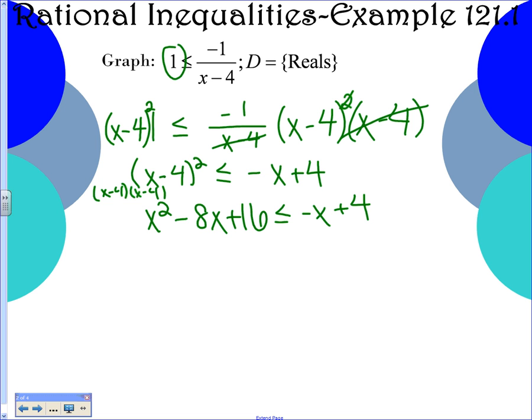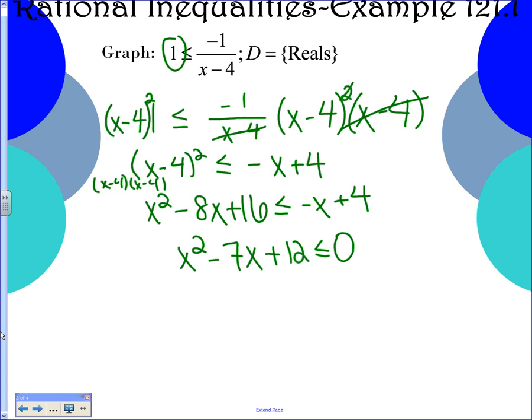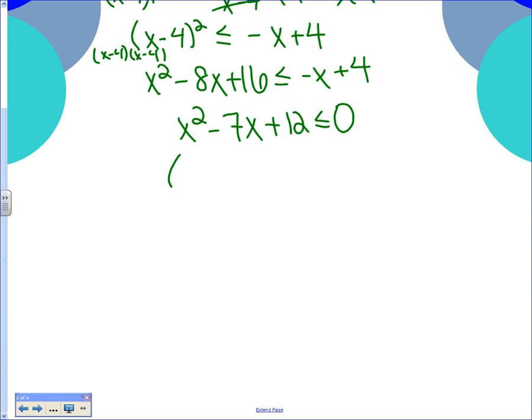You with me? Okay, so does this look like a problem we've done in the past? Now what do we do? Okay, so x squared. Does that look really familiar now? Okay, what do we do? Right, how will it factor?